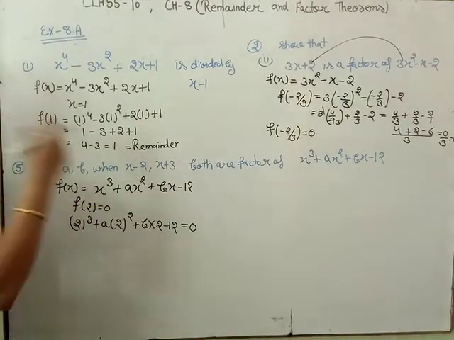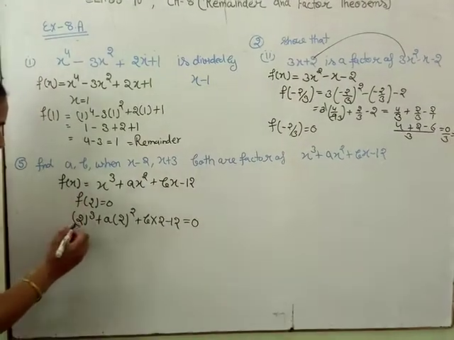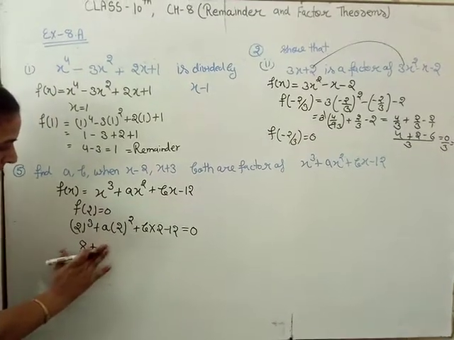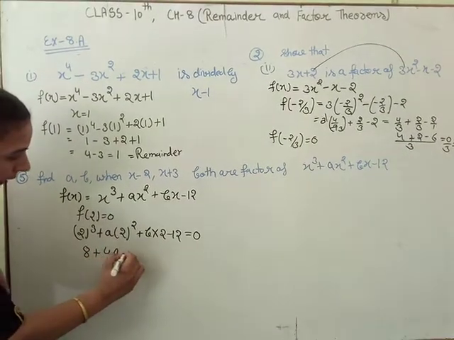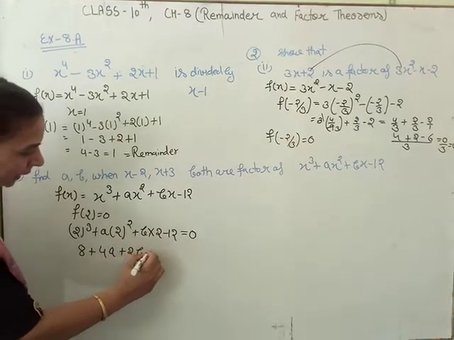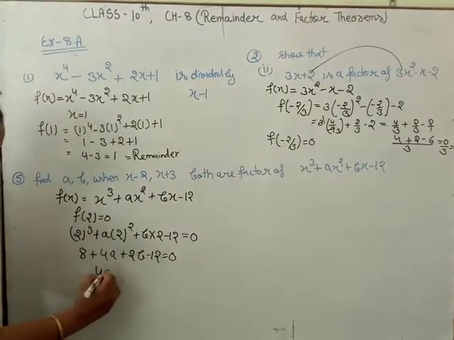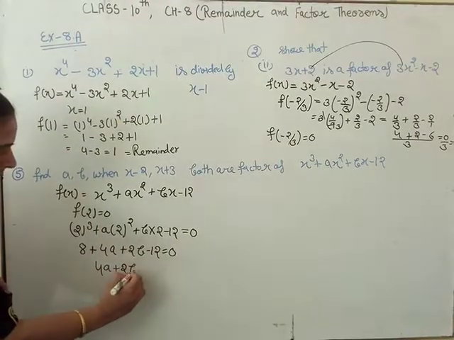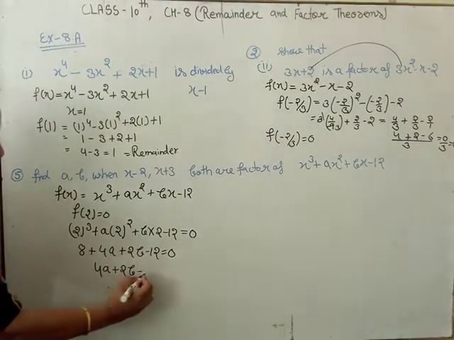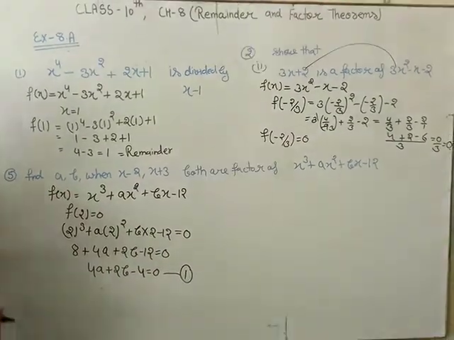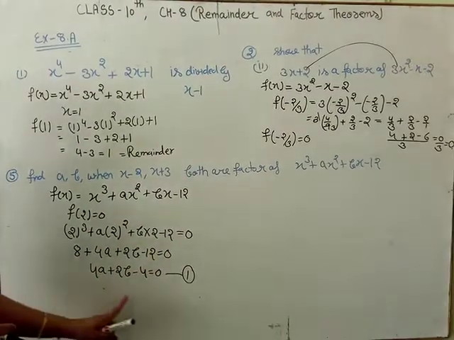This is a factor of the given expression. Next, 2 raised to the power 3 is 8, plus 2 raised to the power 2 is 4, so 4a plus 2b minus 12 equal to 0. Again, 4a plus 2b minus 12 plus 8, minus 4 equal to 0. We write it as equation number first.